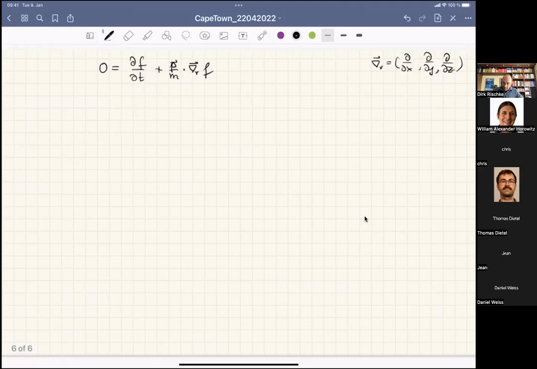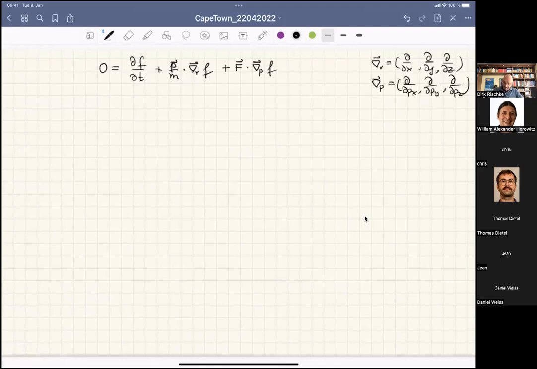Okay, and then the same for the last one. So it's F vector dot. Okay, and then I have to introduce this gradient in momentum. So this is basically nothing but d by dpx, d by dpy, d by dpz. Okay, and this is the equation I was looking for.